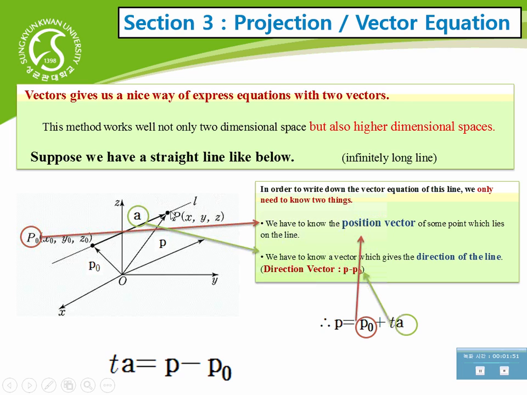So any line can be represented with a point vector that the line passes through, and a direction vector that is parallel to the line L. So the line can be written as follows. It passes through P0, and this is a direction vector from P0 to P.